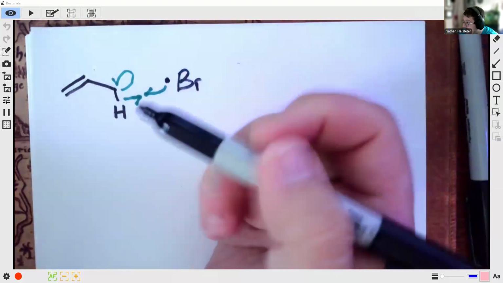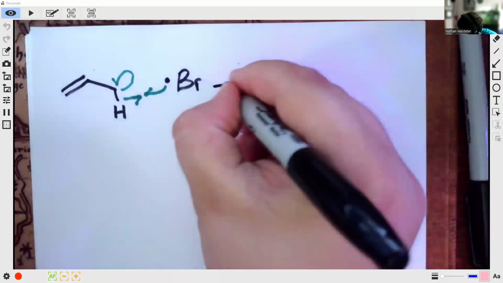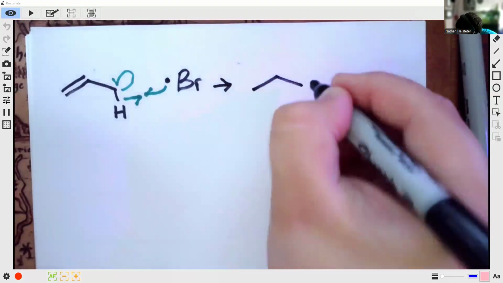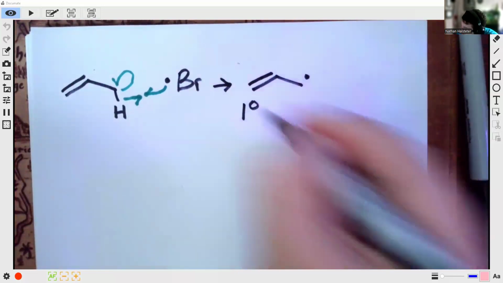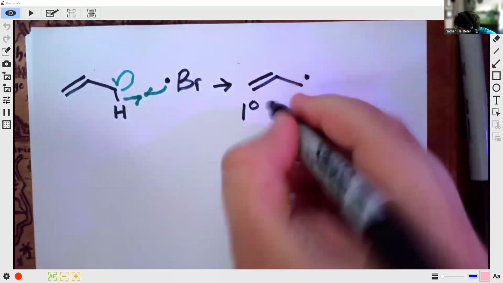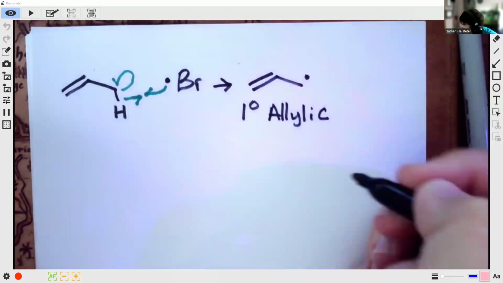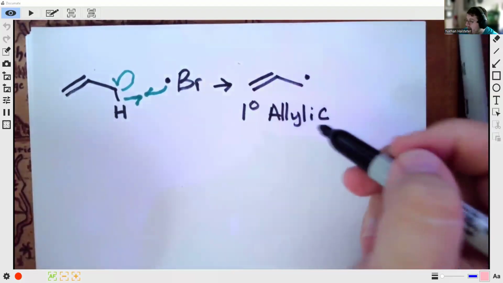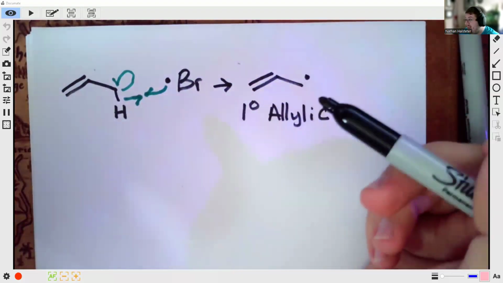I will mark it wrong. We always want it to go next to our pi bond. So when we form this new radical, it is primary, but it has a special name. It's called primary allylic. And the allylic word means that it's resonance stabilized.